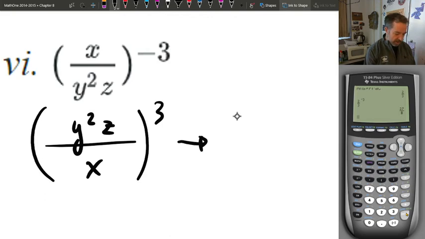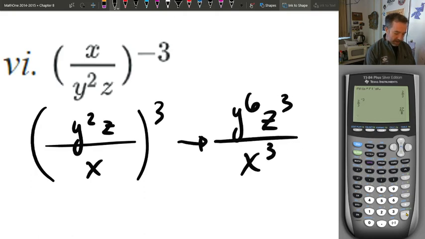But actually this is just going to be y to the 6th power z to the 3rd power over x to the 3rd power. So y squared cubed, right? Y squared to the 3rd power is y to the 6th. Z to the 1st cubed is z cubed. X to the 1st cubed is x cubed. So this is what this expression becomes.